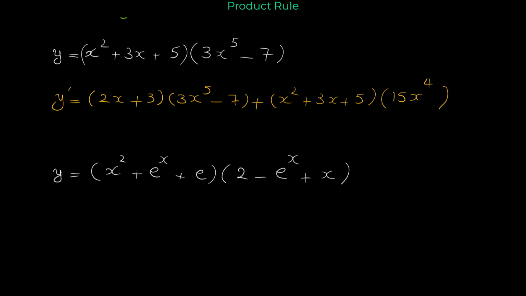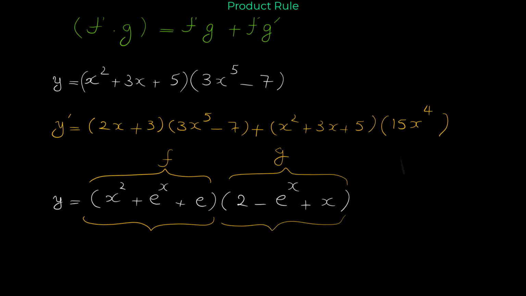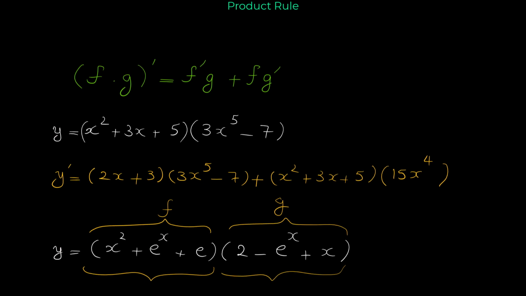Again, attention, here we have two functions. This is our first function, this is the second function. As you can see, f is multiplied by g. So for finding the derivative of this function, we need to use the product rule. First, we have to find the derivative of f, f prime, then multiply by the second function g.